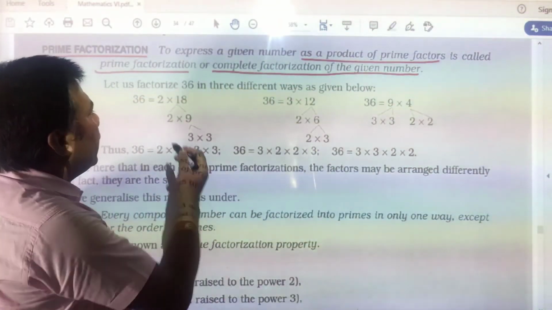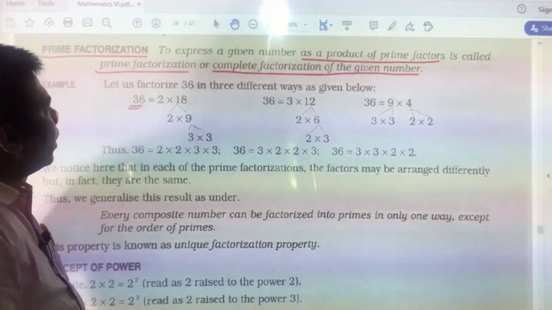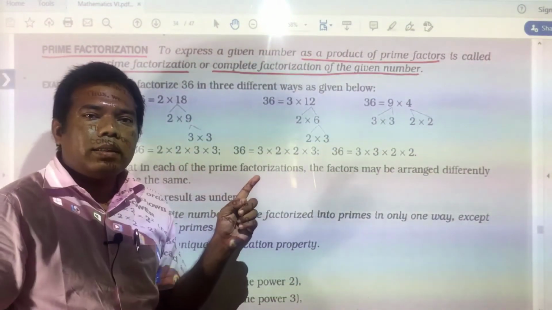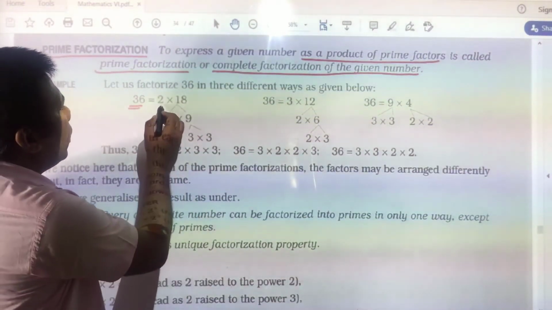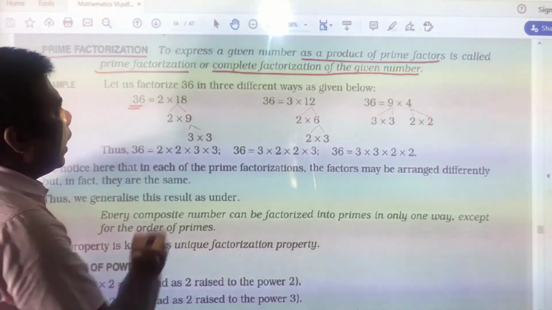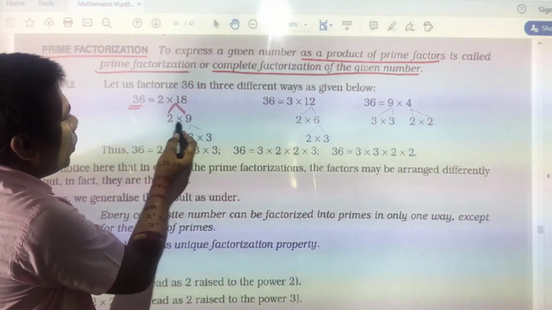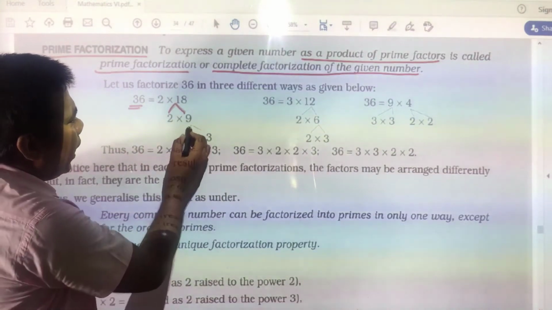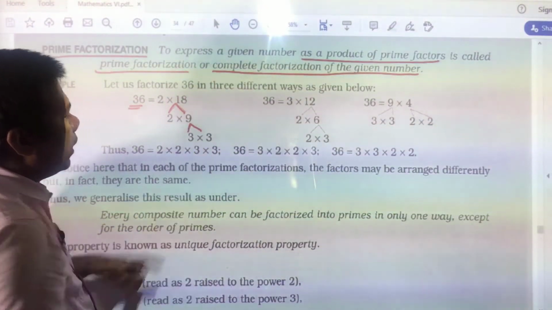Just try to understand by examples. Suppose you have 36, you start factorizing 36. If you divide 36 by 2, you get 2 into 18, and again you divide 18 further: 2 nines are 18, and 9 gets factorized and you get 3 threes are 9.